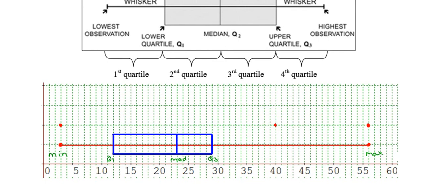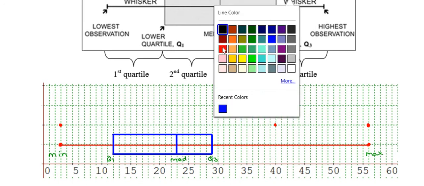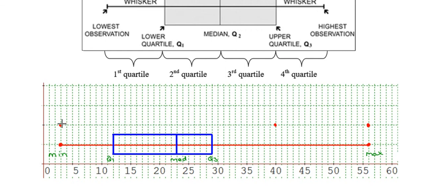So in that case, when you go to make your line, the line is going to go from the min, not all the way to the max. It's going to go to the next highest point, and then that point standing out there alone will indicate that that is considered an outlier.